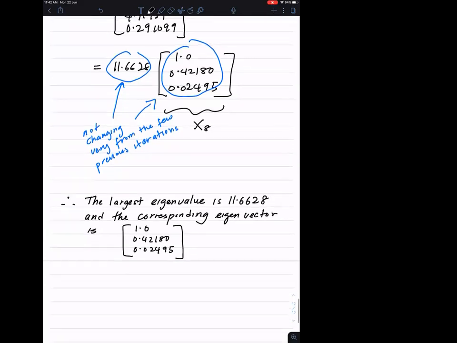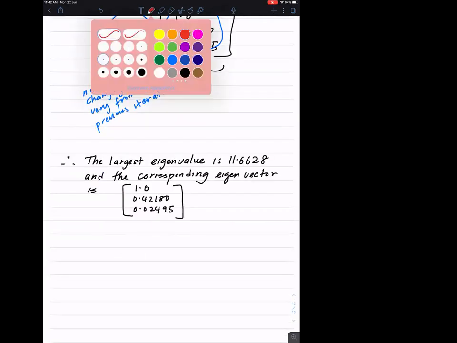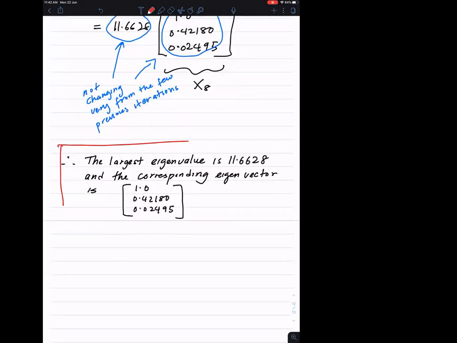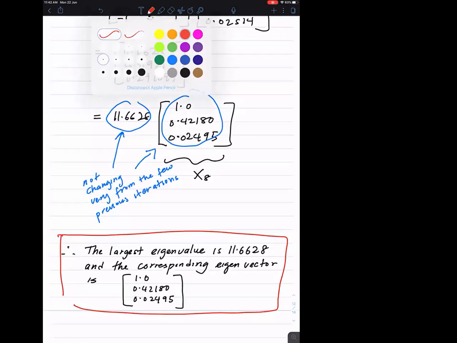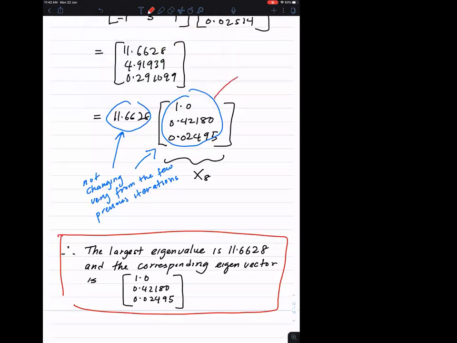So when they are not changing very much from the previous, then you can conclude this is your eigenvalue, eigenvector, same thing that I wrote below here, eigenvector, eigenvalue.